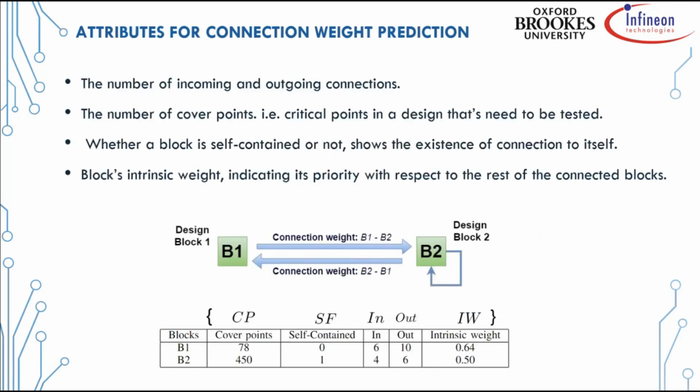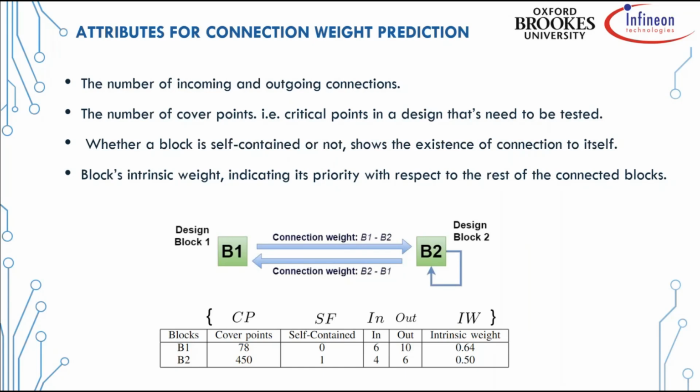In order to come up with these weights, we had to use some of the attributes. To predict connection weights, we considered the number of incoming connections and outgoing connections, which again will be detailed in the design. The number of car points each, a car point basically represents the point in a design that needs to be tested.